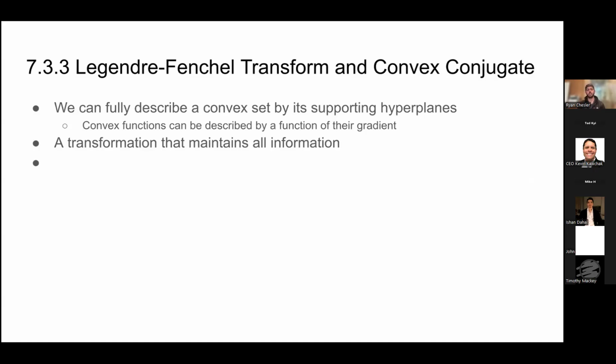So you know that it's going to change in a certain way, and you know that the intercept is going to change in various ways, and you can get a full description of this with all of the supporting hyperplanes that you get from that. So you have the gradients and you have the C that's adjusting as you're moving through the points. In theory, that transformation should maintain all of the information. I don't have that deep of an understanding of it, so I can't describe it any further than that.